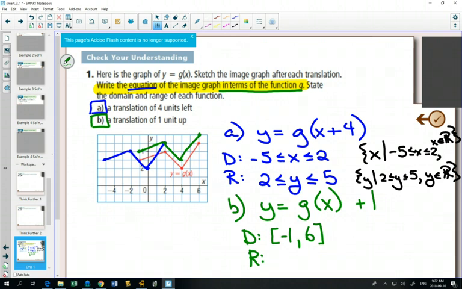We write our smallest value on the left, saying it starts at -1. We write our largest value on the right, meaning that it ends at 6. The square brackets indicate that both -1 and 6 are included.